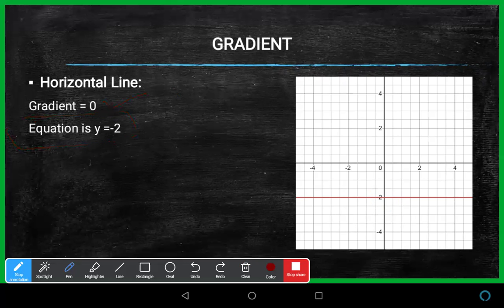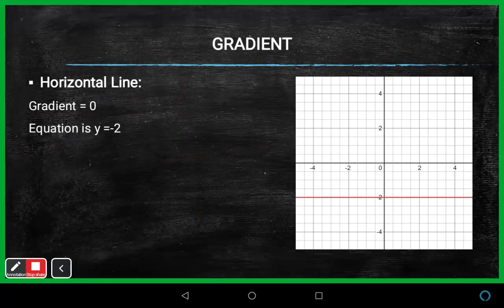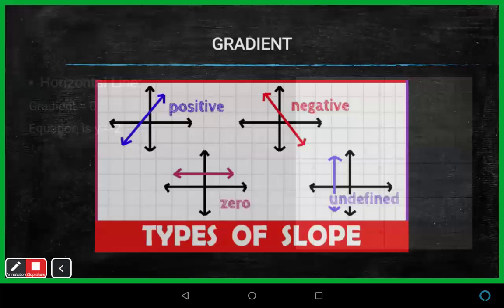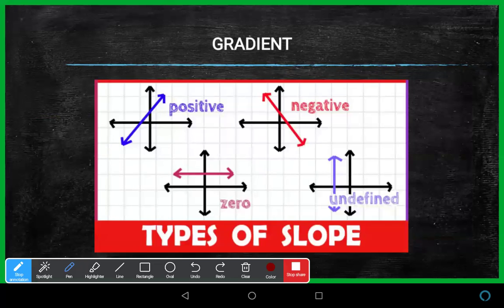Now, I hope you know the graph very well. This is the y-axis, this is the x-axis. Now, the gradient. The important points are these. Always read from left to right. When you see the line rising up from left to right, the gradient will be positive.